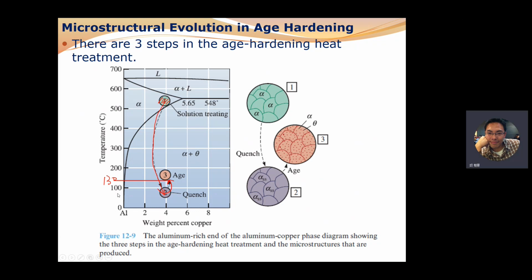Therefore, we can see the structure here for point 1 is completely alpha, right? And after quenching to point 2, we get an alpha with theta phase.